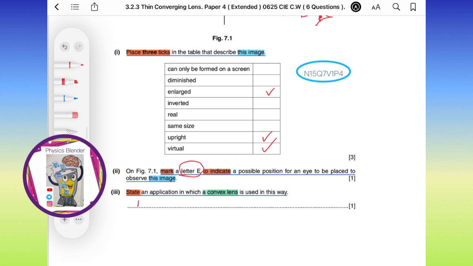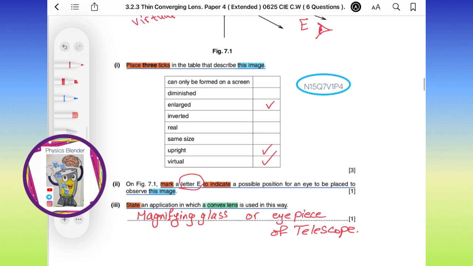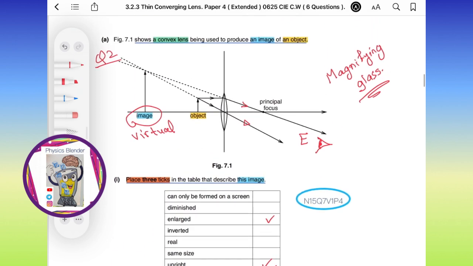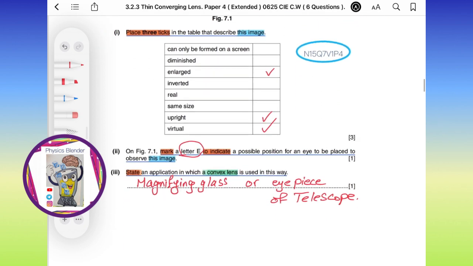So, as a magnifying glass, or the eyepiece of a telescope. We are done with the first part and the second part.